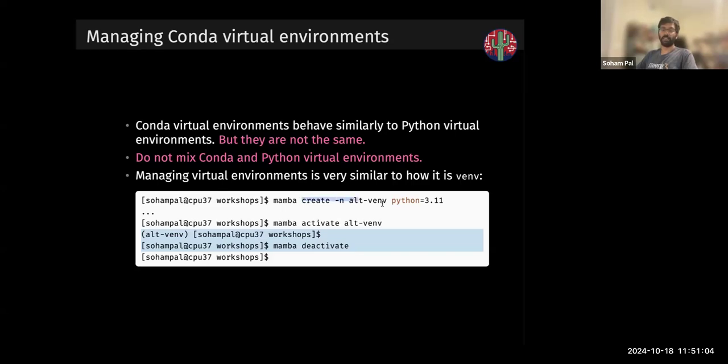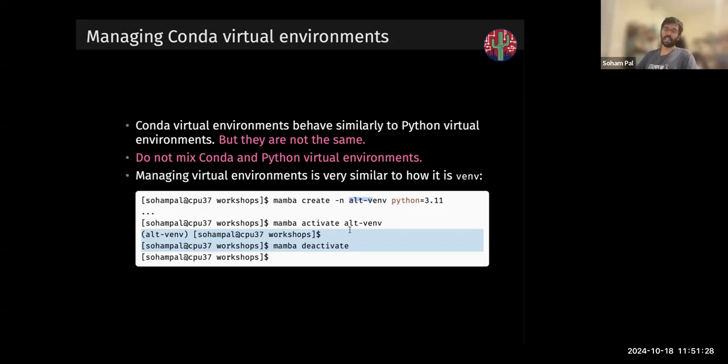And then I have this create command where this is the name. So I do -n, which is the name, and I'm just saying that it should install Python 3.11 in that virtual environment.